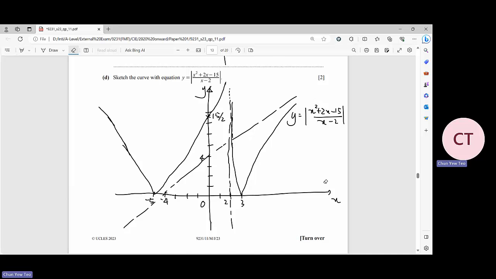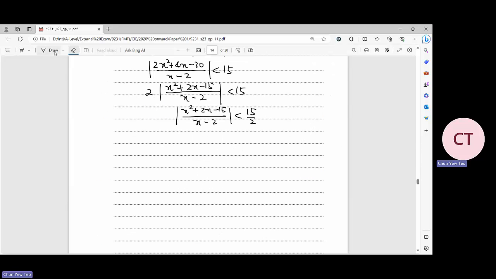So what you need to do now is split them. Just let this equal to 15 over 2. If you let it equal to 15 over 2, then you will have one positive and one negative. You just need to solve the equations.